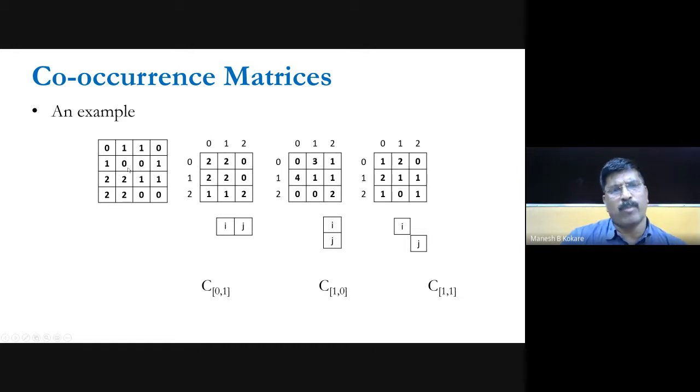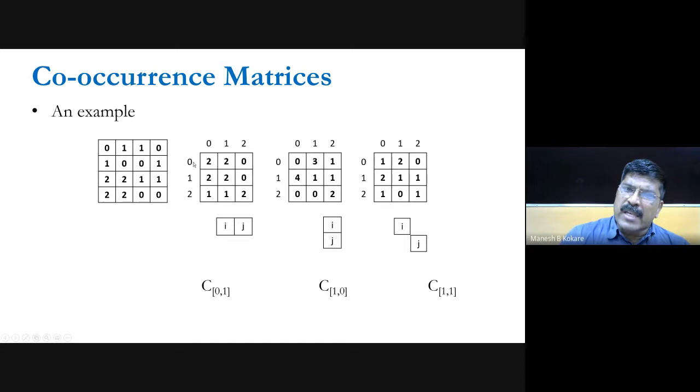This is one combination, 0, 0, where I is 0 and J is also 0, so you get a count of 1. Also here, I equal to 0 and J equal to 0. So how many times did you find the combination 0, 0 in the entire image? This is 1 and this is another 1, so 2 times. So this value will come as 2.